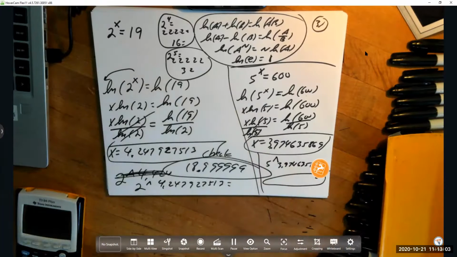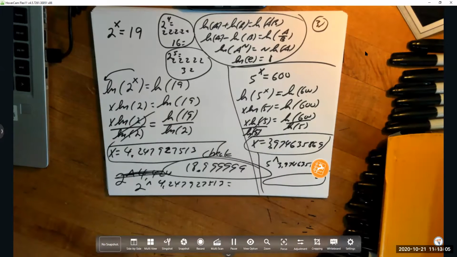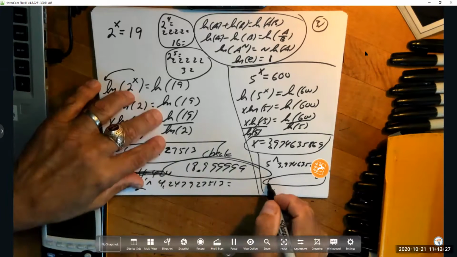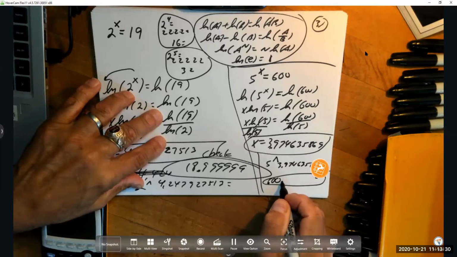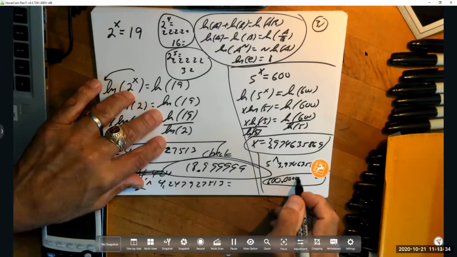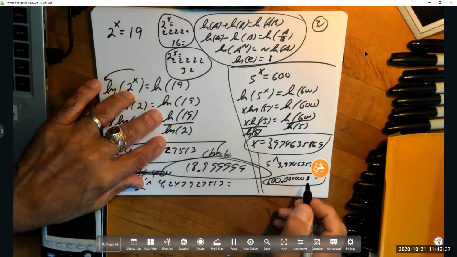And if you do it on the calculator, let me do it on my calculator. 5 to the power of. Okay. What'd you get? 600.0000003. How many zeros? 6. 1, 2, 3, 4, 5, 6, like that. And then 3. Yes.